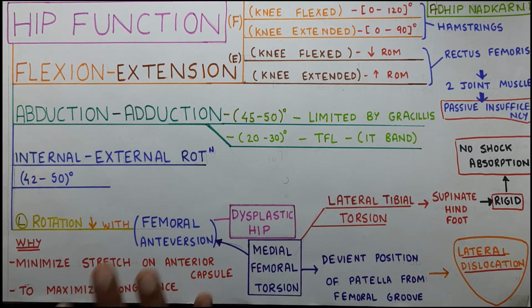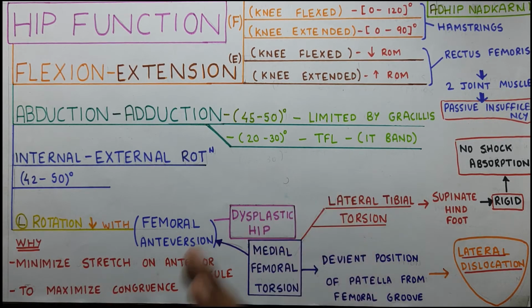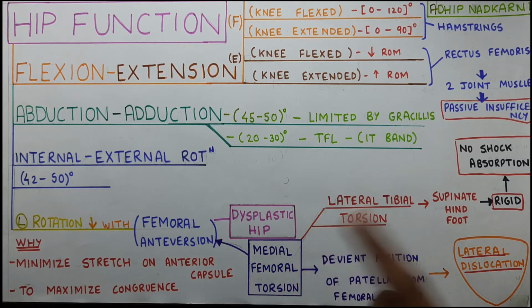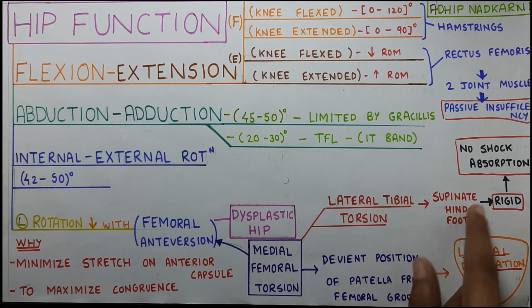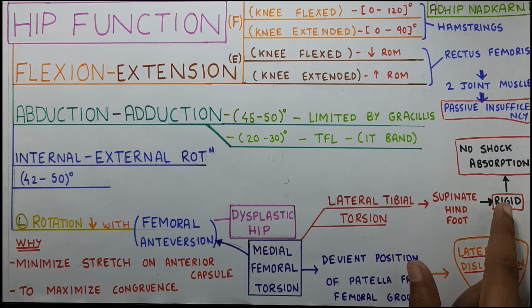But during this process other problems arise: because of your medial femoral torsion there will be a deviant position of your patella in the patellofemoral groove, which will lead to lateral dislocation of the patella, and also to compensate the medial femoral torsion, the tibia will go for lateral tibial torsion, exactly the opposite, which will create a supinated foot which is rigid and will have no shock absorption.